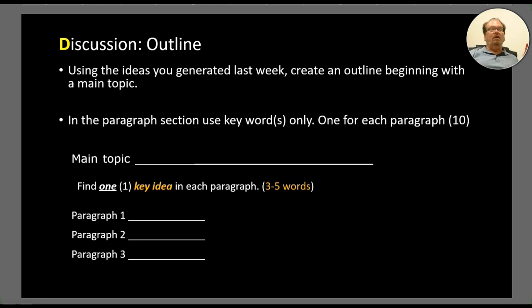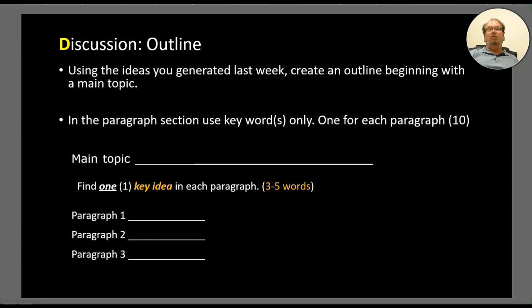And then, under each paragraph, now there are 15 paragraphs, I think. In each paragraph, write 3 words, or 4 words. Don't use a lot of words, just a key word. Make a key word and add 1 or 2.